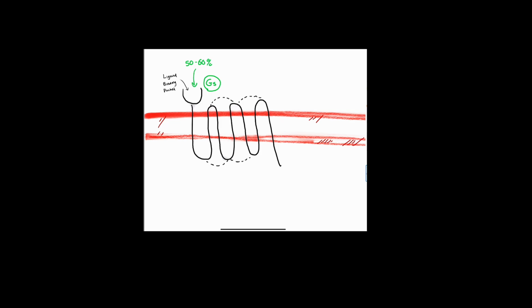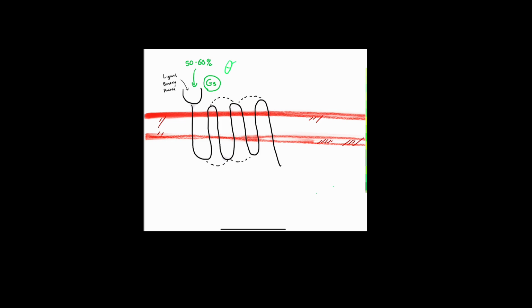And we know that the G-coupled protein receptor can either have a... Let's try it one more time. We know that this G-coupled protein receptor can bind a drug, right?